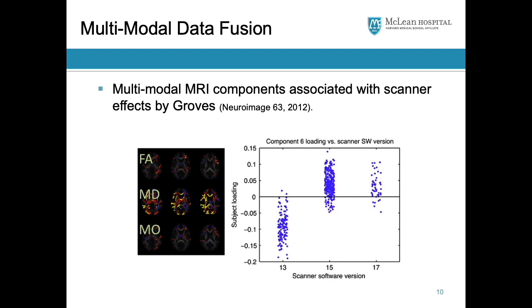And so when I saw this, in this case, we have a multimodal diffusion pattern whose subject loadings were associated with scanner software version, I thought, maybe we can harness this technique to do data denoising of scanner effects in a kind of principled way that might be a little bit easier and more robust than the approaches that were available at the time.